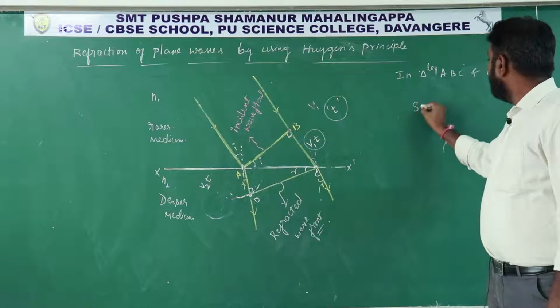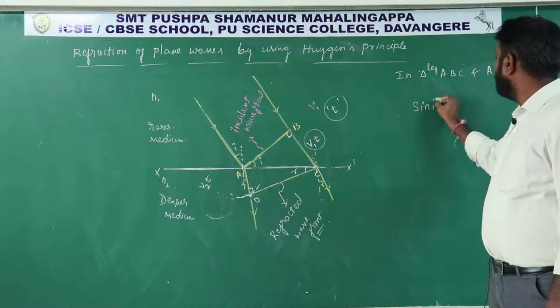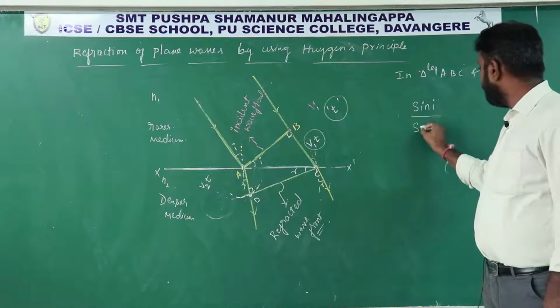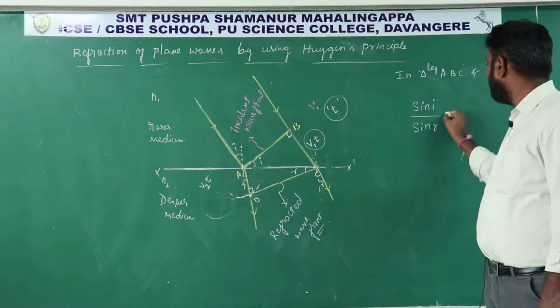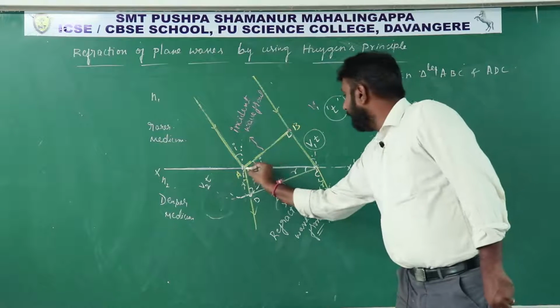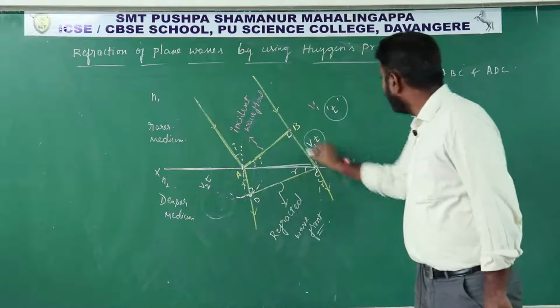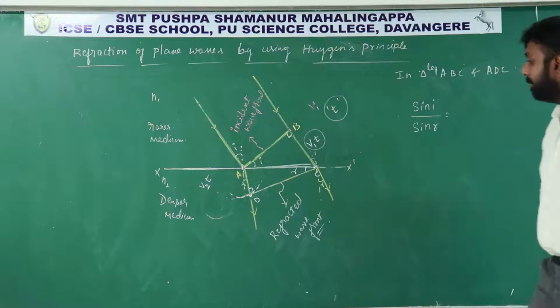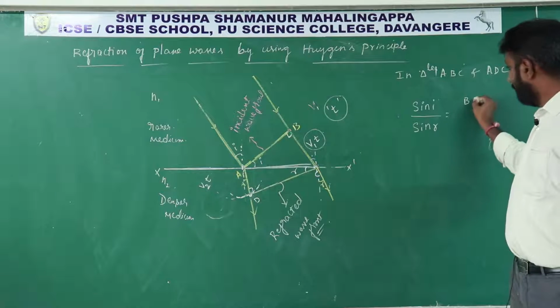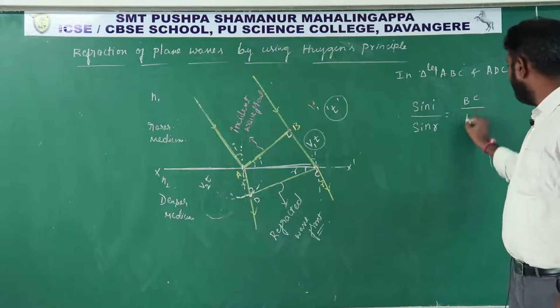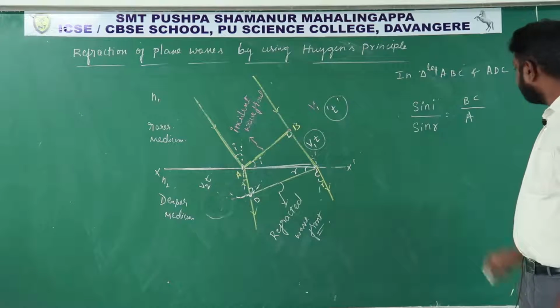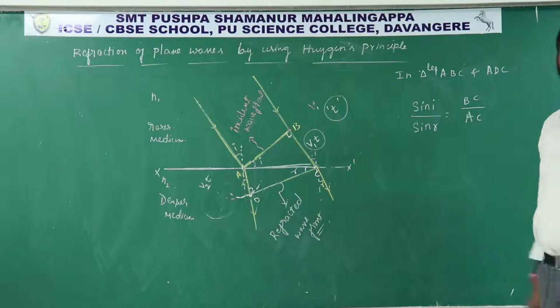In these two triangles, if we apply the sine function, that is, if we find the ratio of sin I by sin R, then for this triangle ABC, sin I is opposite by hypotenuse. Opposite is BC, hypotenuse is AC.